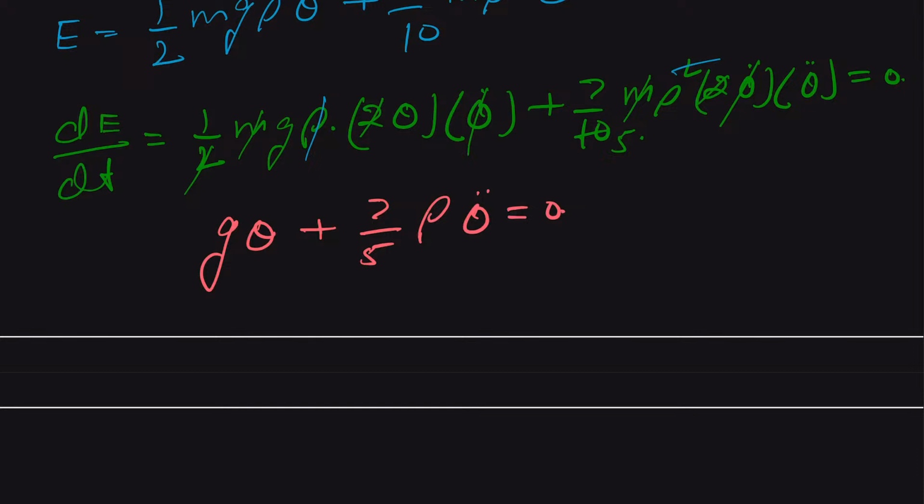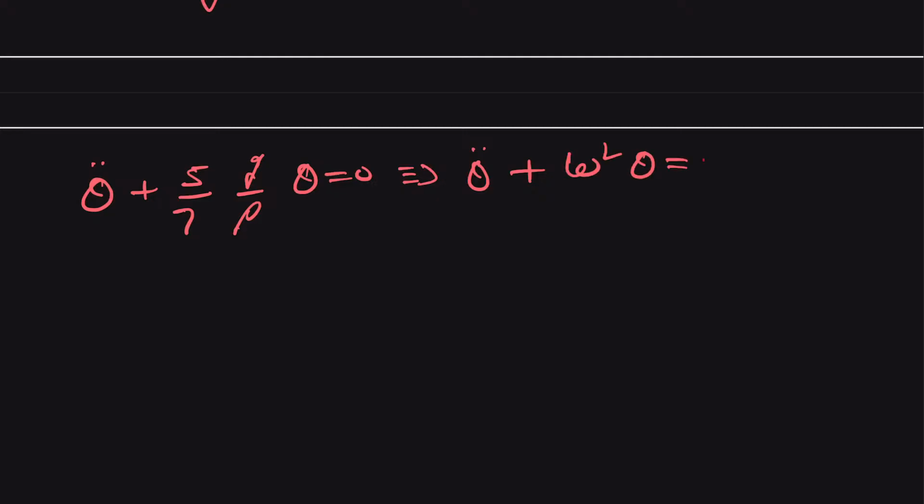And we can just put it in the standard format. So this gives us theta double dot plus 5/7 g upon rho theta is equal to 0, and this is nothing but the equation of SHM, which in standard form is theta double dot plus omega square theta is equal to 0.